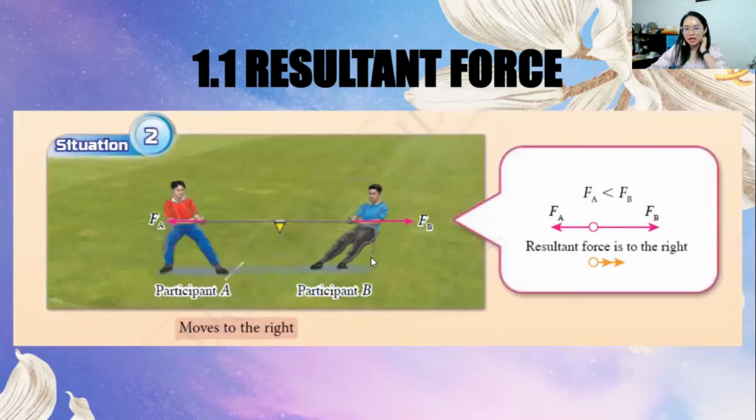Next one. If the final force, the resultant force, is to the right, you can see that participant B is actually exerting more force than participant A. So in a mathematical sense, FA is less than FB, so FB is greater than FA. That's why the resultant force is to the right.